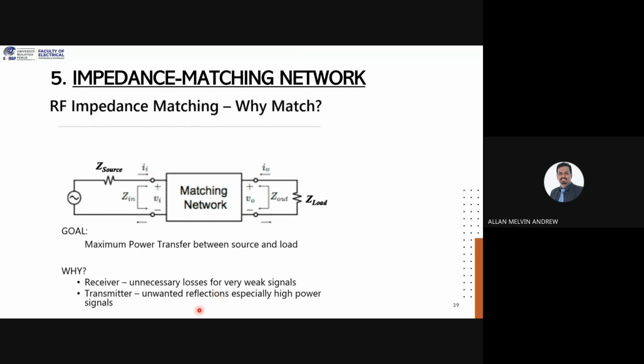That is what we call unwanted reflection, an unsuccessful transmission. Okay, so this impedance matching is very important because in the current situation, most of the things that we are dealing with are related to wireless and radio frequency transmission. So we need to make sure things are properly encrypted and also decrypted.